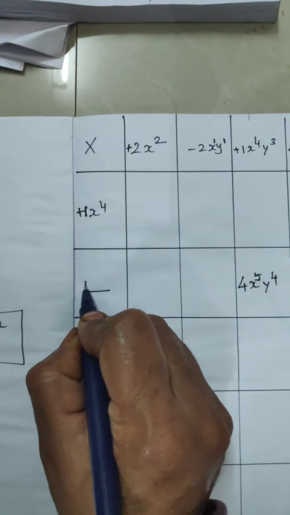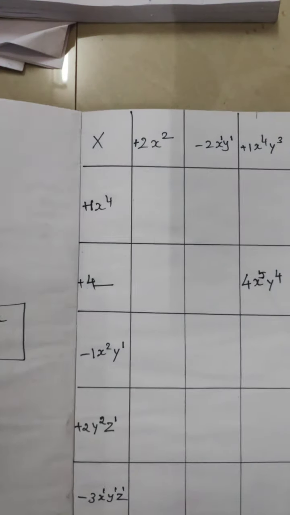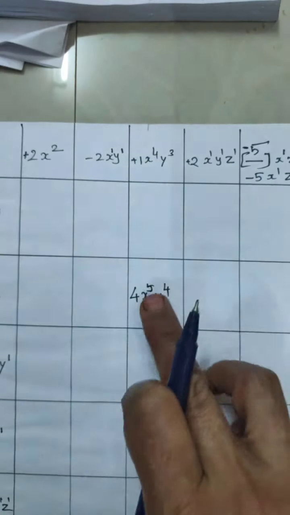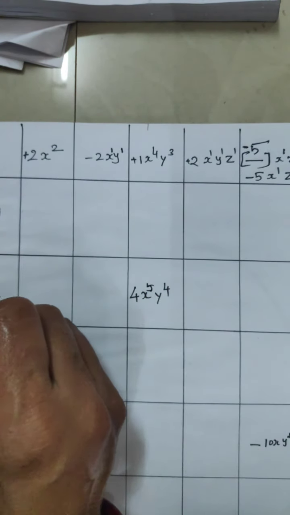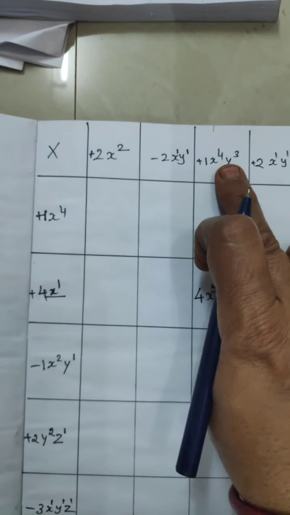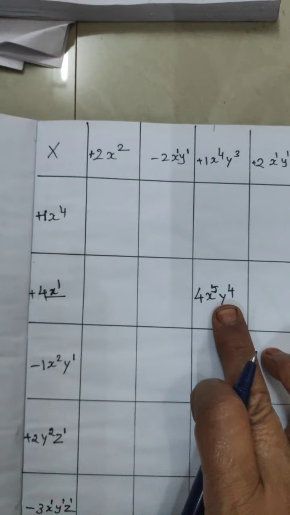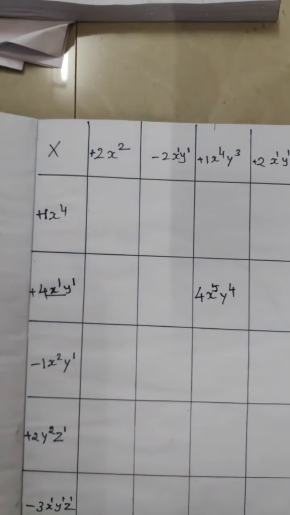So here write 4 first. Plus symbol, put the plus symbol also. Here x power 4, and there x power 5, so one more x is needed: write x power 1. Here y cube, and the answer has y power 4, so one more y is needed: write y power 1.